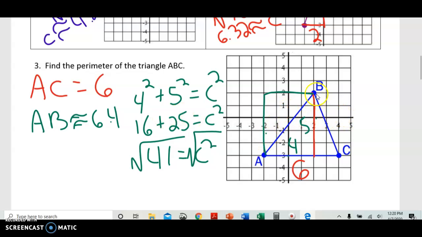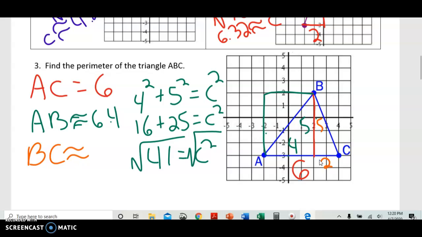Now the last side of our triangle that we need to find is BC. So we're going to take that same information again. BC will be orange, and it's going to be an approximation, I would have to assume. And we already have a right triangle drawn actually right here. So we know that one leg is going to be 2, and we know that the other leg is still going to be 5.